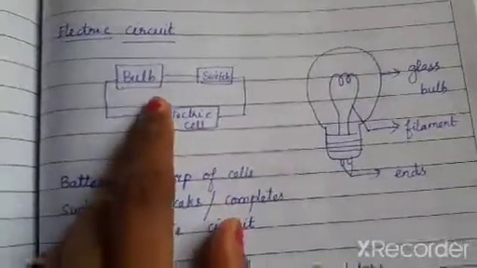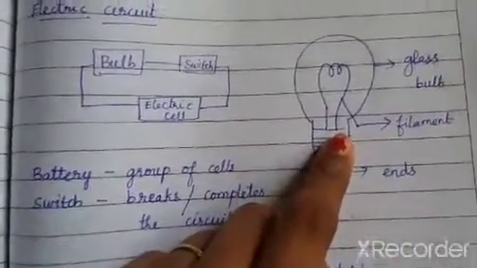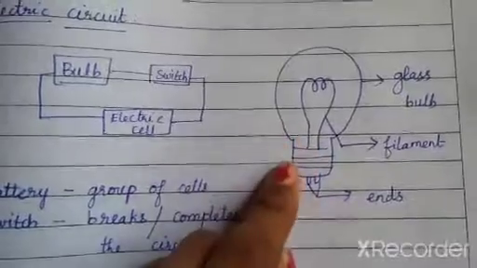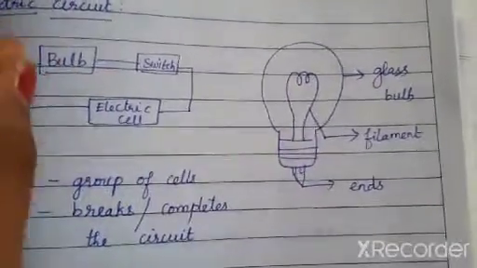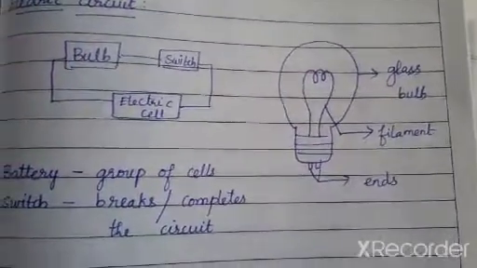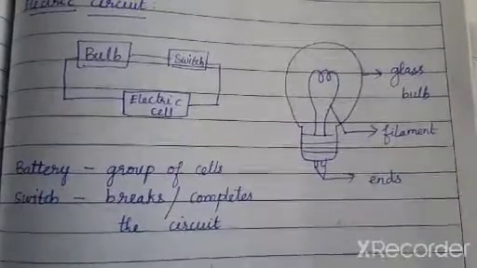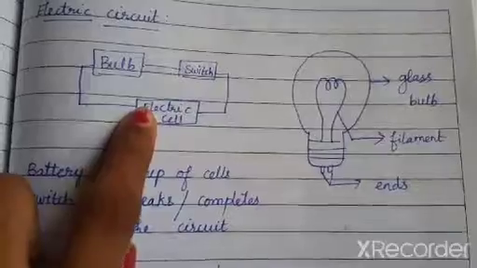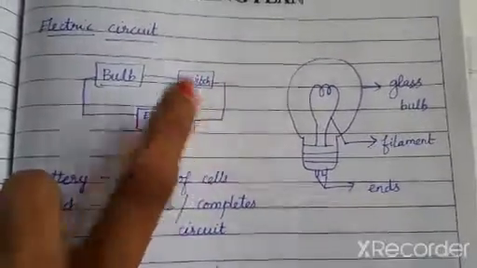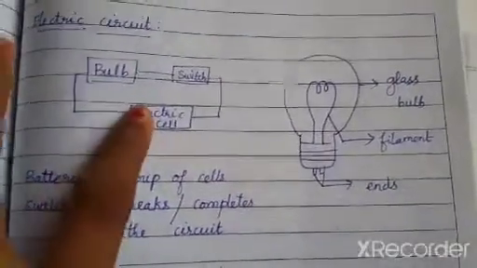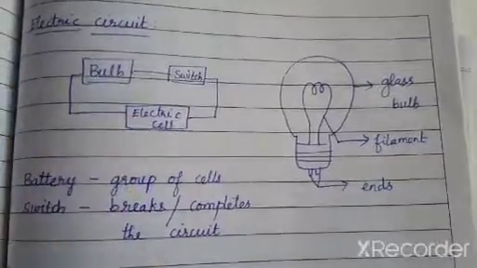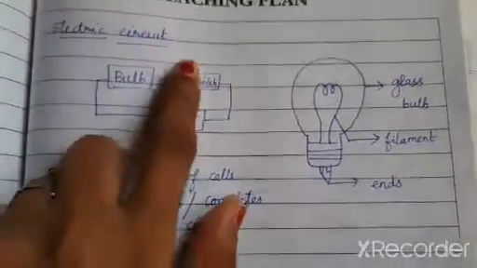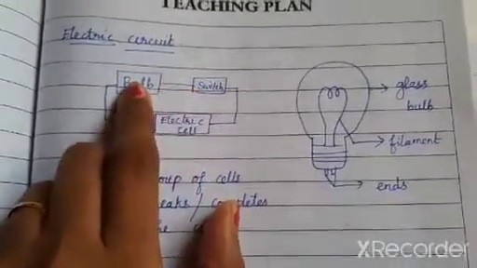Okay, now you should first know about what is a bulb. How does a bulb receive the electric current? We know that the electric cell produces the current flow while traveling from the positive to the negative terminal. So now from here the current starts to flow. And if the switch is on, it will reach the bulb.